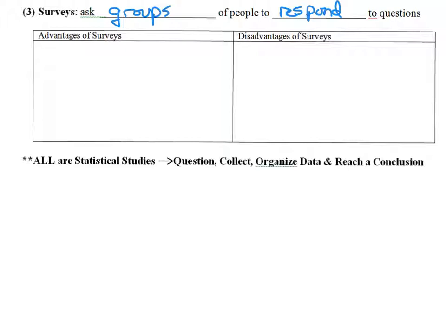So, an advantage of a survey, one advantage, is that they can take many forms. Perhaps you've participated in a survey on the telephone or possibly online. Also, when you walk into places like stores, you might have surveys in situations like that.